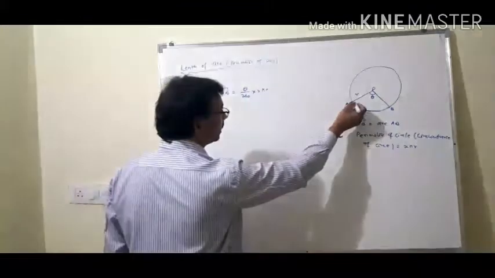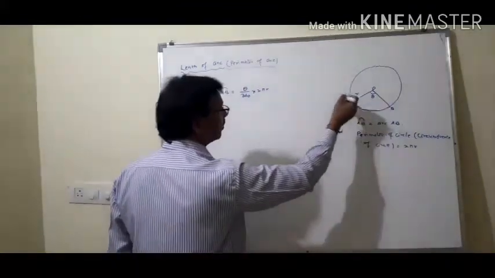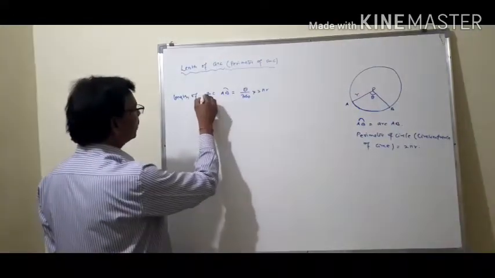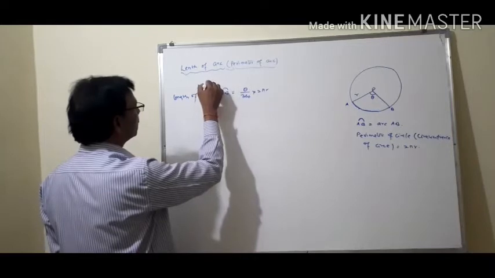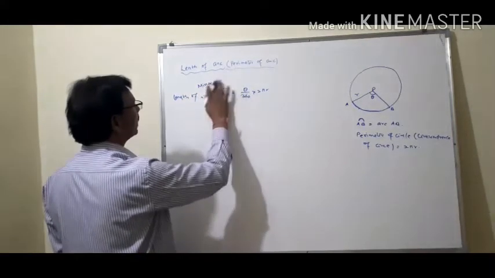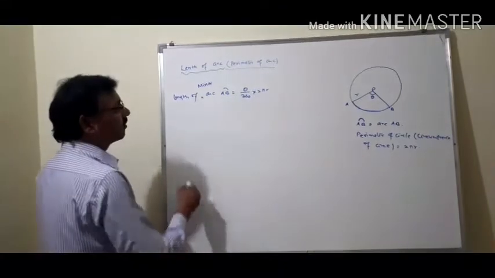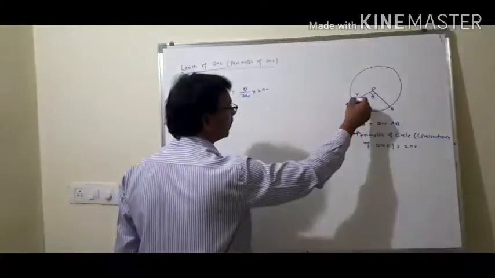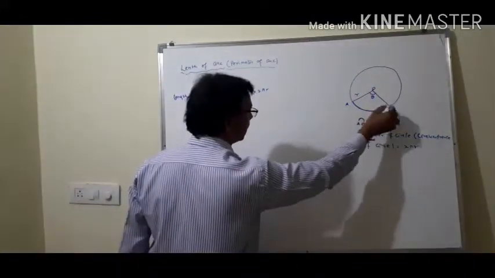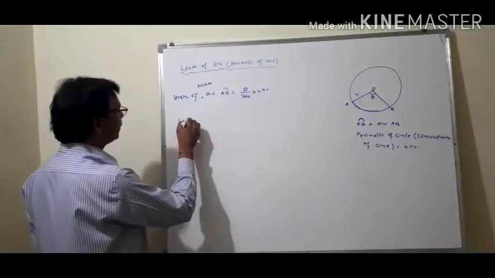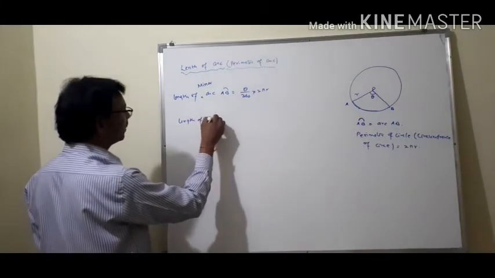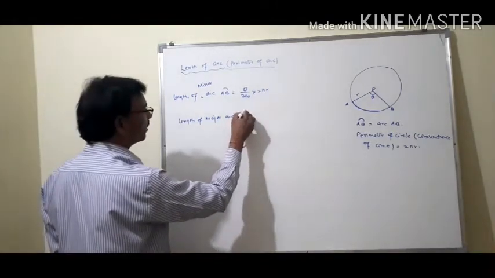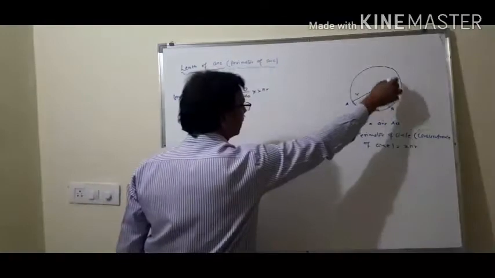Since the length of this arc is smaller than its semicircle, therefore this arc is known as minor arc. If you want to find the length of major arc, that means the upper part of the circle, leaving this minor arc, the length of major arc AB is also denoted by AB, major arc.